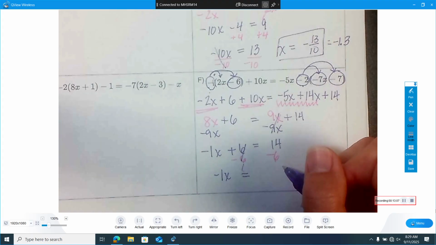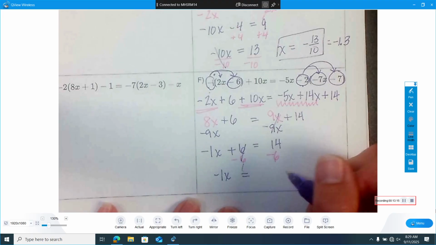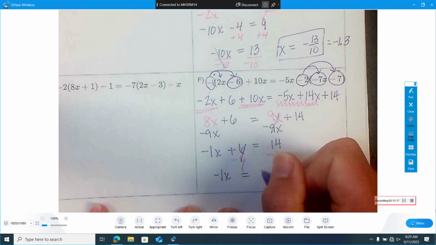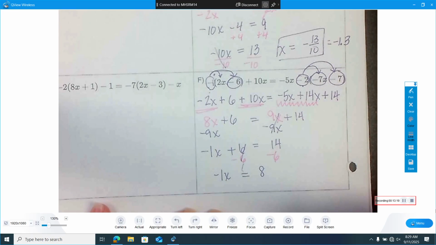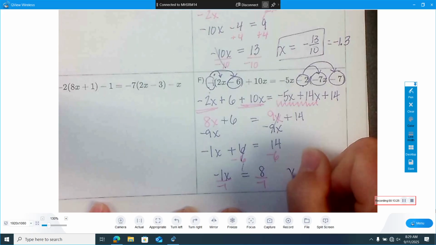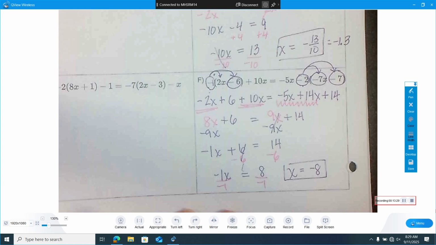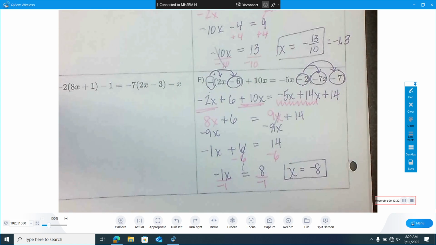I'm showing steps for everyone in the class. You personally might be able to do quite a few steps in one. You know what I mean? 14 minus 6 is 8. And then we need to? Good. Divide by -1. And so we get x equals -8. Beautiful. Okay. Super fantastic.